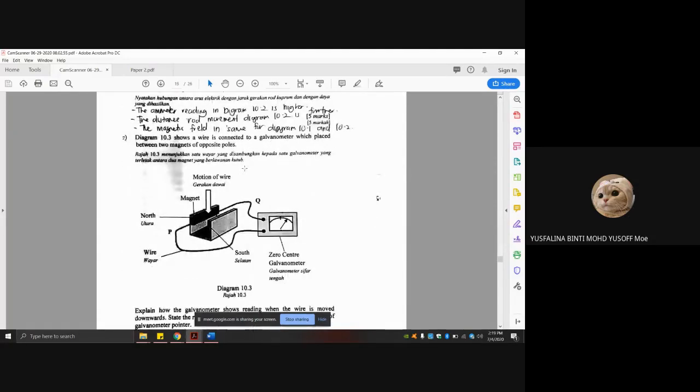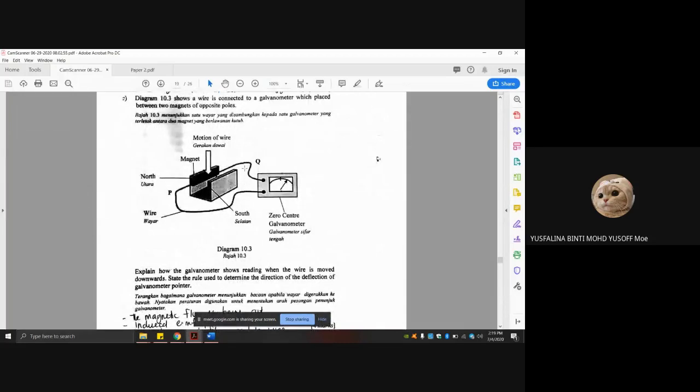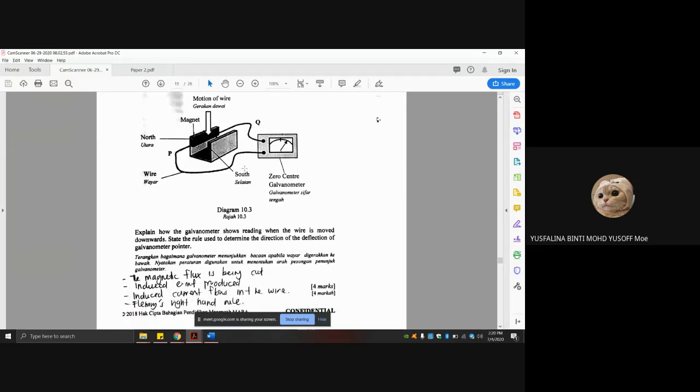The next one is part C, which is an explanation. Diagram 10.3 shows a wire connected to a galvanometer placed between two magnets of opposite poles. Explain how the galvanometer deflects. There is no battery and they use a galvanometer, so this question is about induced current.